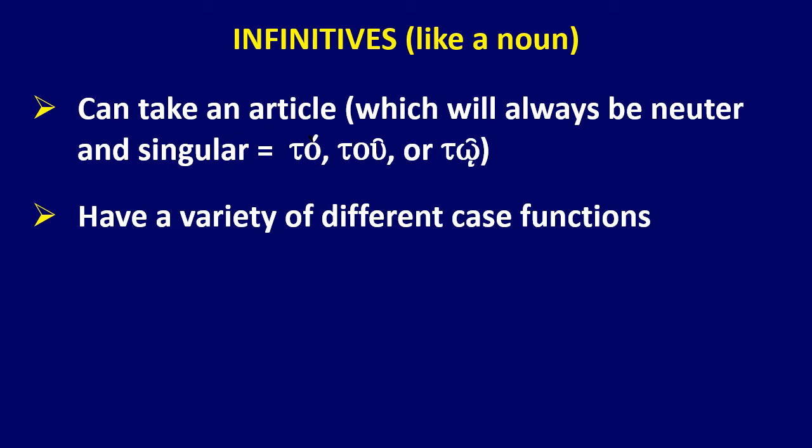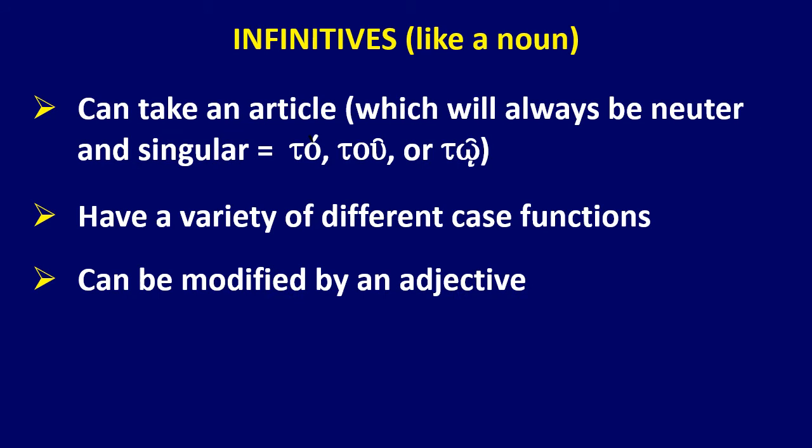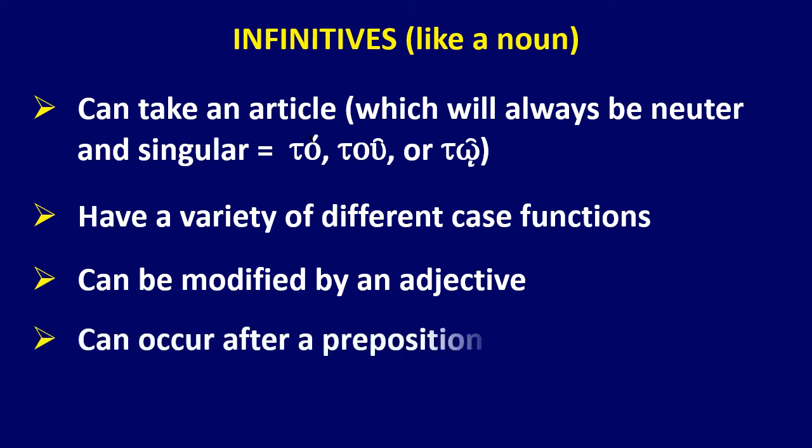Likewise, it can have a variety of different case functions based on that article or other words in the context that supply a case. And it can be modified by an adjective, and it can occur after a preposition. So these are its noun-like characteristics.